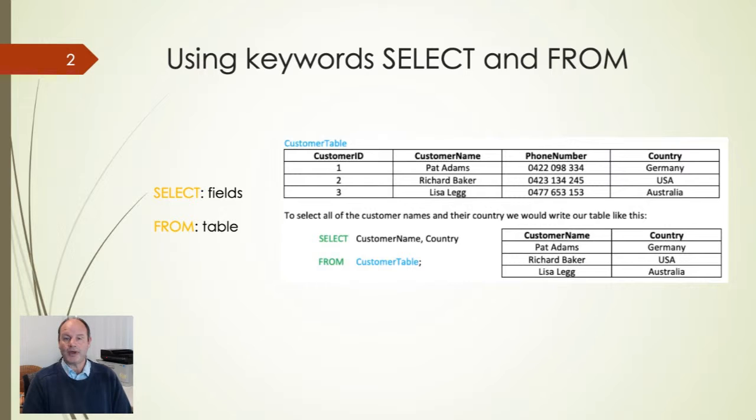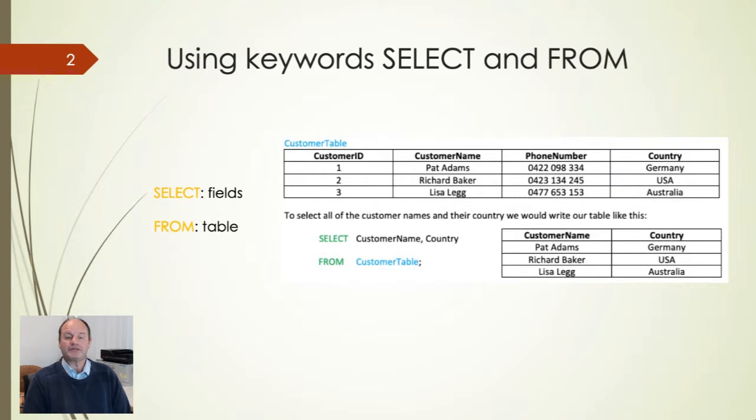So in SQL, we would write the keyword select and place the fields we want, i.e. customer name and country, and then underneath we would write from and write the table, in this case customer table. At the end of the SQL statement we will always have a semicolon.